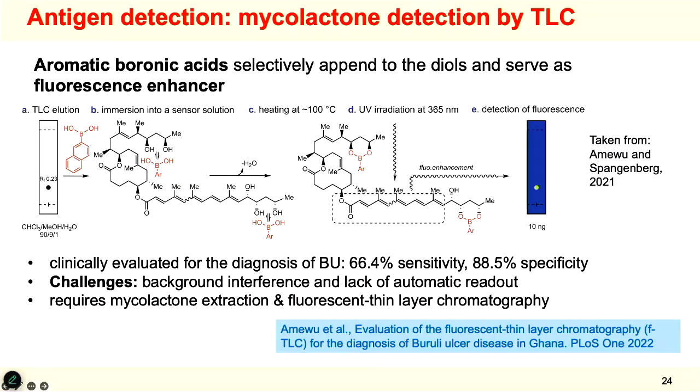There's a diol in the long chain, which binds to aromatic boronic acid, and this enhances the immunofluorescence enormously. So you can then detect mycolactone specifically on the thin layer. It has reasonable sensitivity and specificity. There are still some challenges, still space for improvement.